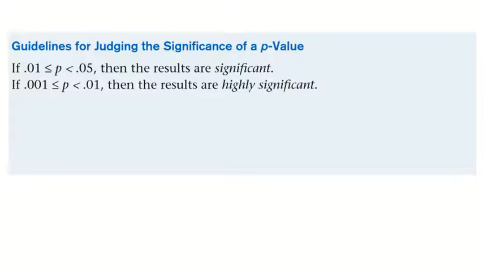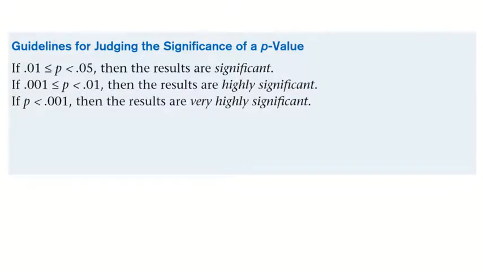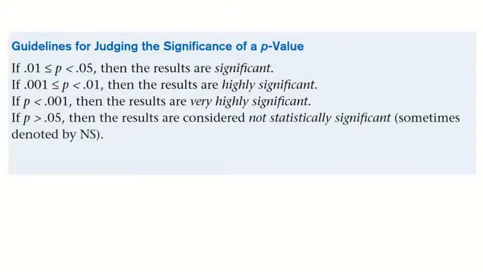And we are talking statistically significant. If the p-value is lesser than 0.001, then your results are very highly statistically significant. And if the p-value is greater than 0.05, then your results are not statistically significant.